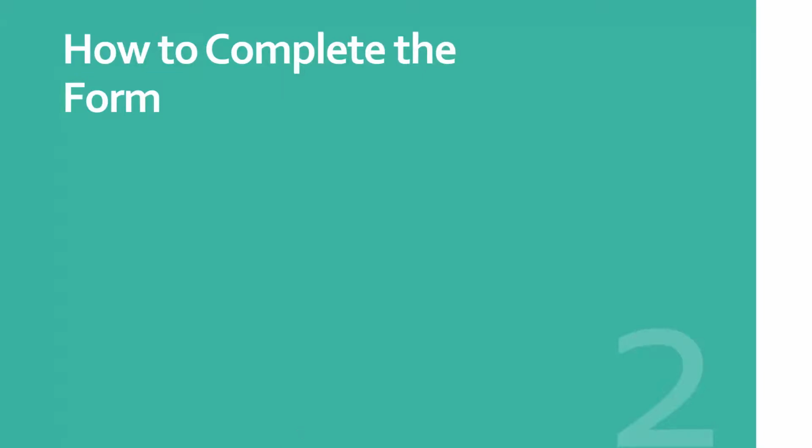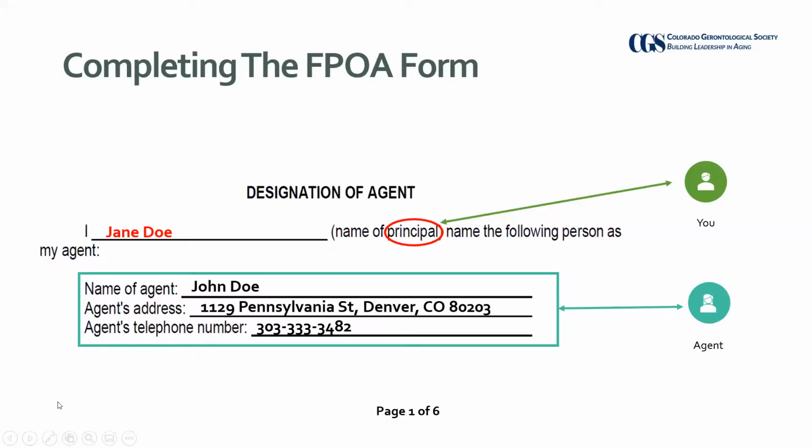And that way this is of more use to you. At the bottom of the screen here, just so you know where I'm at every step of the way, it'll tell you page 1 of 6 or page 2 of 6. So just keep that in mind, because I am blowing up different sections of the form for you to see specifically how to complete the form.